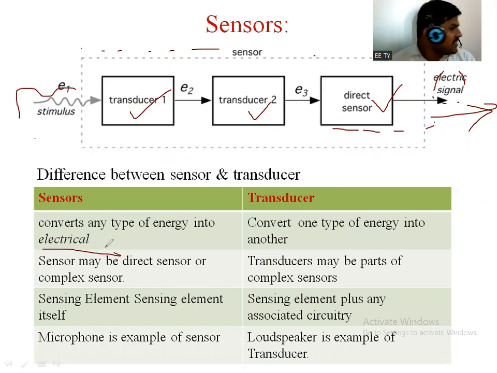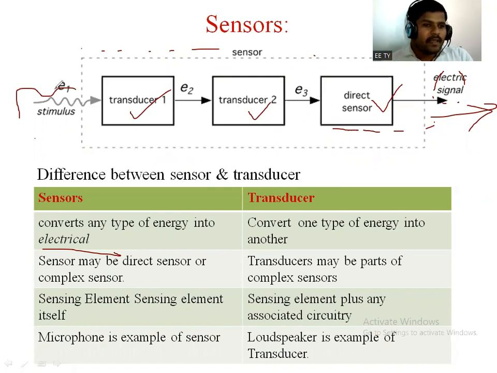A direct sensor will sense the physical property, the quantity or the condition, and it can be converted into an electrical signal. Again, a transducer is a conversion device, but it will convert one type of energy into another type of energy, right?